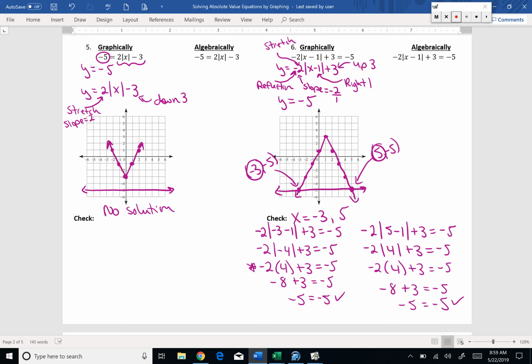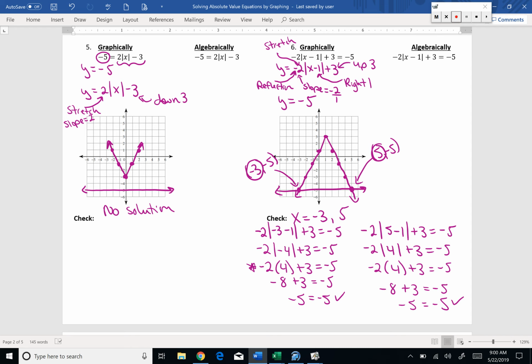So I wanted to start solving this way so that we could use the skills we already have to solve an equation we never have before. We can graph these absolute value equations. Most of us are getting fantastic at that. So I'm hoping that by the end of the next couple days, we're all super solid at graphing absolute value.